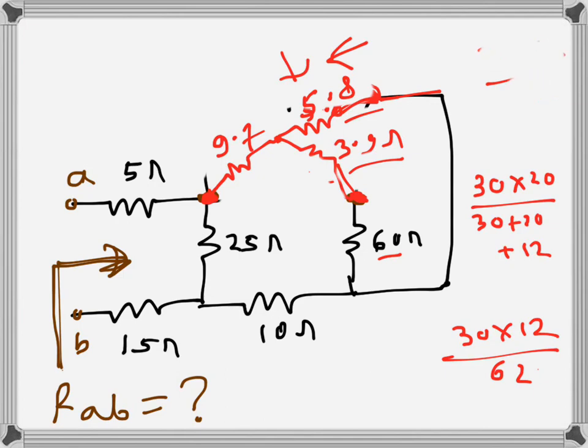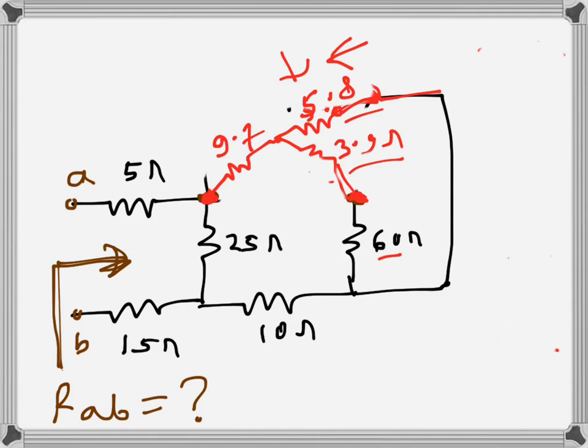I will erase this part which we needed for the delta to Y conversion. We have already done the conversion, so I will erase that part. Now we have 5.8 parallel with 3.9 plus 60, that is 63.9. These two resistances are in series and coming in parallel with 5.8 ohms.